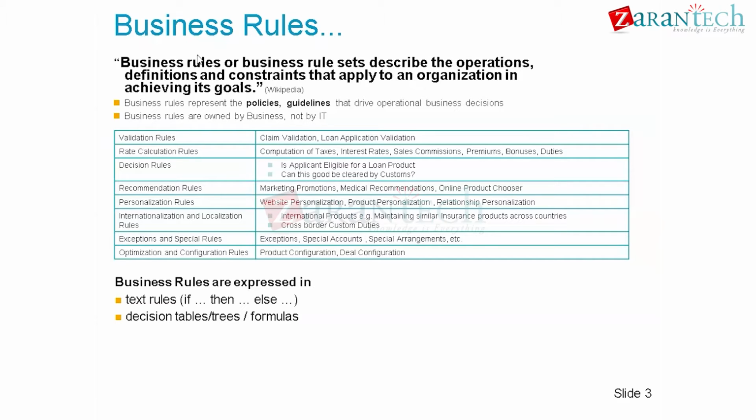The same goes for personalization, internationalization, localization rules, exception and special rules, and optimization and configuration rules. There could be another thousand varieties of validation rules in the real market.